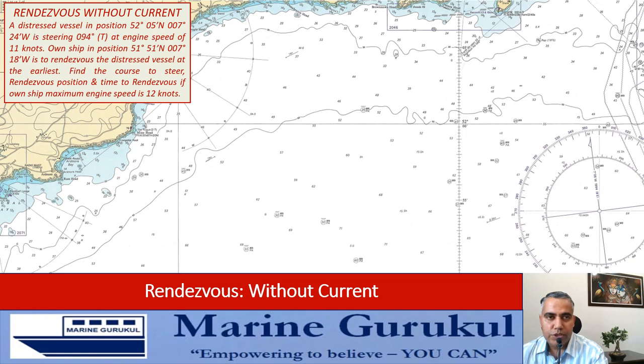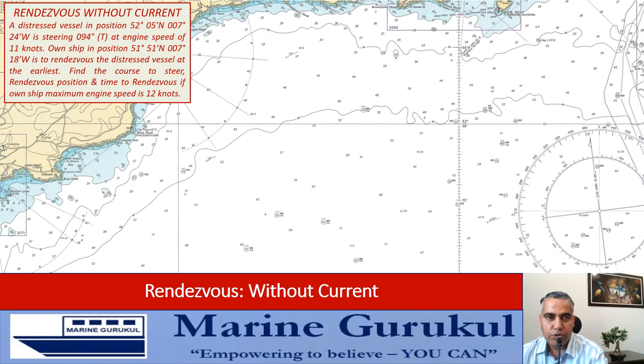A distressed vessel in position 52 degrees 05 minutes north, 007 degrees 24 minutes west is steering 094 degrees true at an engine speed of 11 knots.